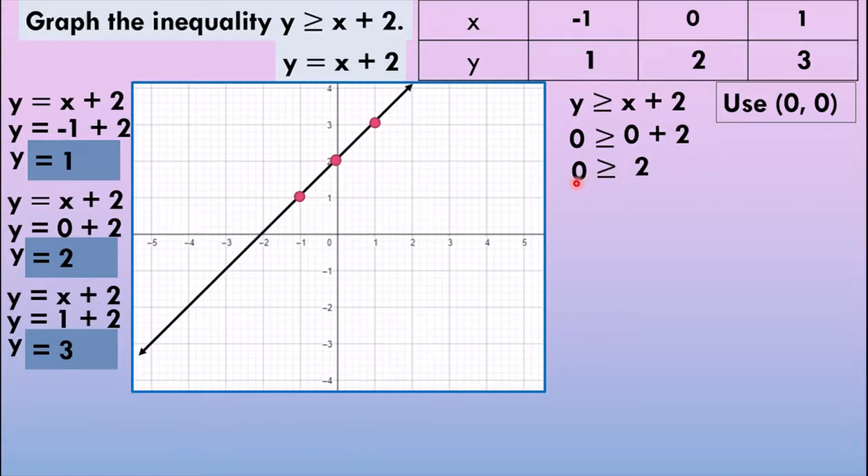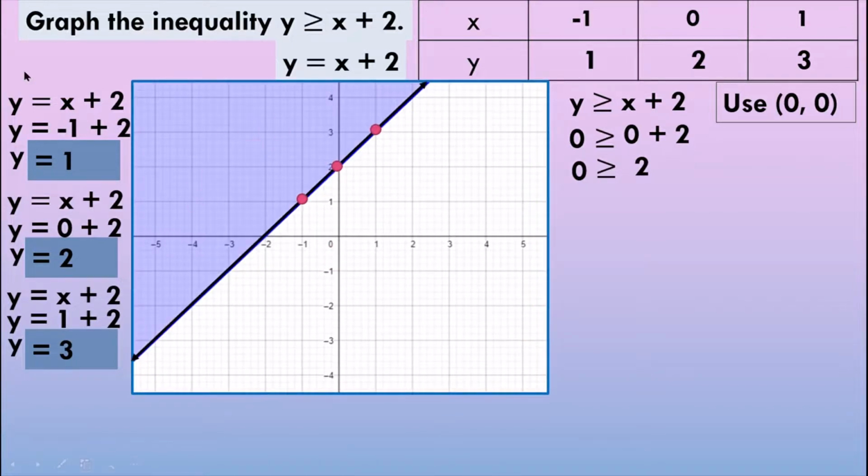So, the inequality fails, or the test point fails to satisfy the inequality because 0 is not greater than or equal to 2. Okay, so since 0, 0 is the test point we used, here is the 0, 0. So it fails the inequality. Therefore, we shade on the other side. Okay.